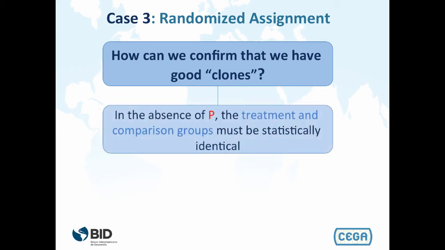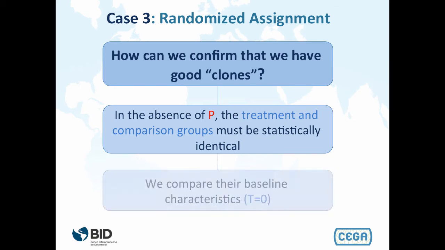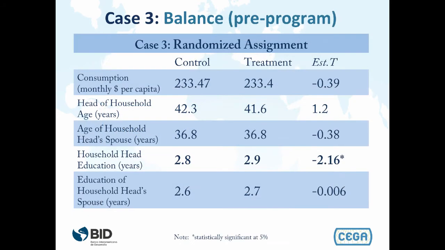Well, in the absence of the program, the treatment and comparison groups should be statistically identical. What that means is that the averages of key characteristics between the treatment and control groups should not be statistically different at baseline before the intervention is implemented in the treatment group. So we compare their baseline characteristics at T0.